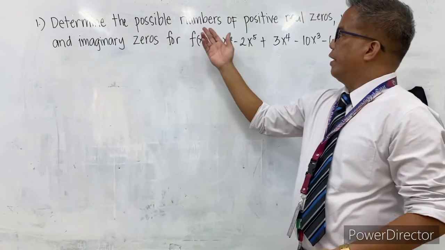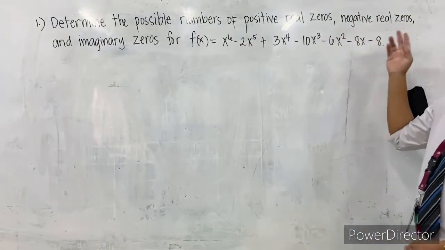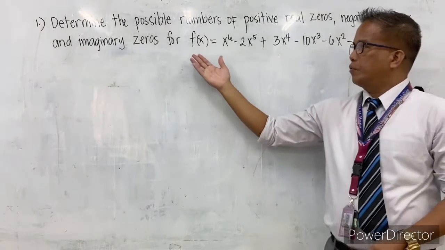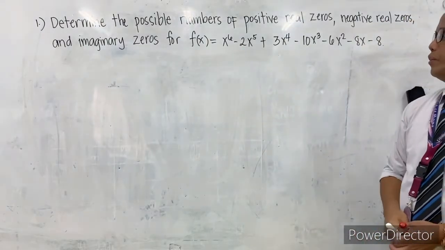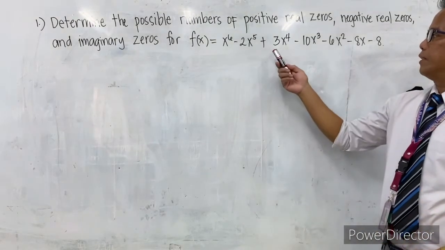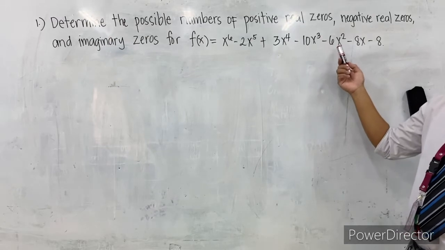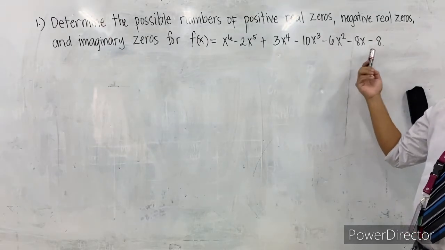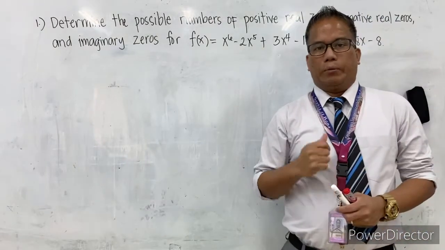Determine the possible numbers of positive real zeros, negative real zeros, and imaginary zeros for f of x equals x raised to 6 minus 2x raised to 5 plus 3x raised to 4 minus 10x cubed minus 6x squared minus 8x minus 8.